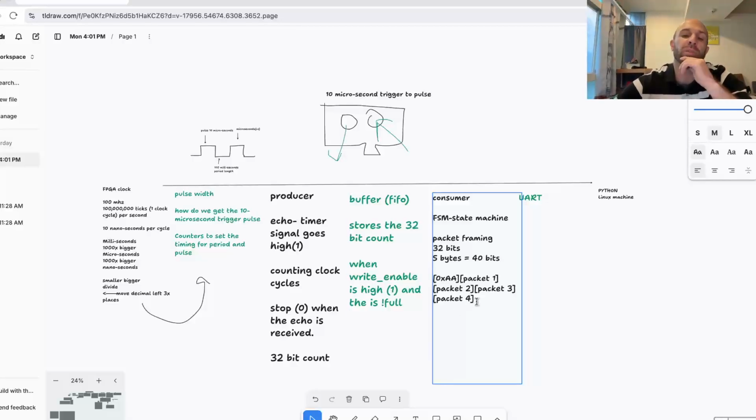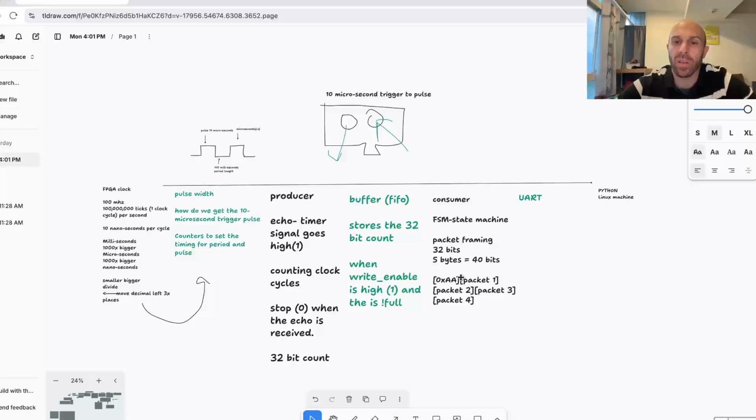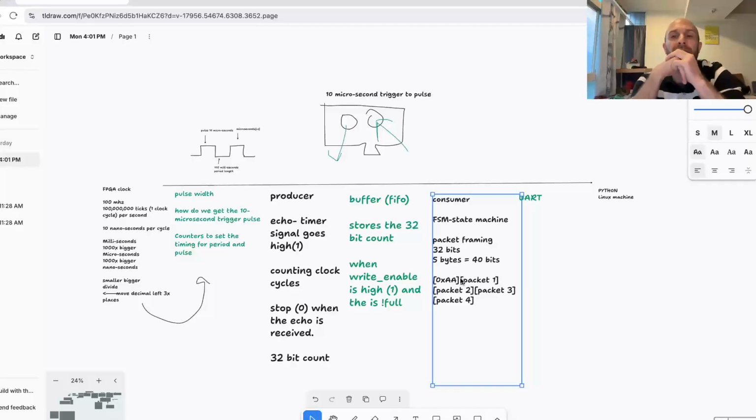The reason why you do this is because, with this data streaming out, you'd see something like 3, 3, 2, 1, maybe that was the data.